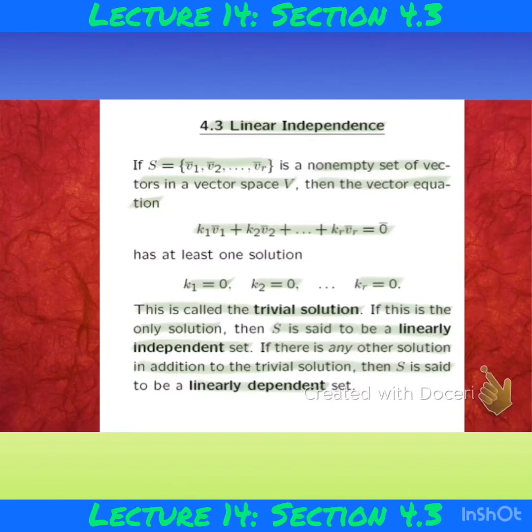If you set up that equation and the only solution is the trivial solution, then the set is linearly independent. If you find any other solution, then that set is called linearly dependent. So that's the definition of linear independence.